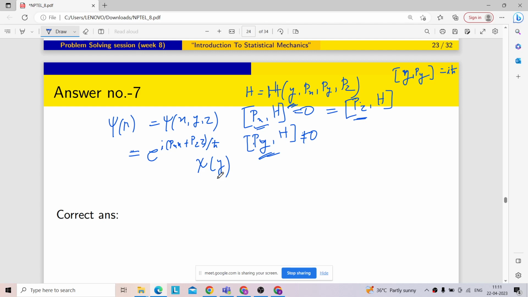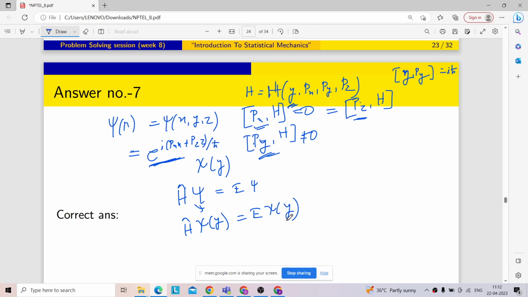Now if you put this wave function in this Schrodinger wave equation, you will see this part is only a phase, so effectively I can write my wave equation as H operating on chi of y equal to E chi of y, right?